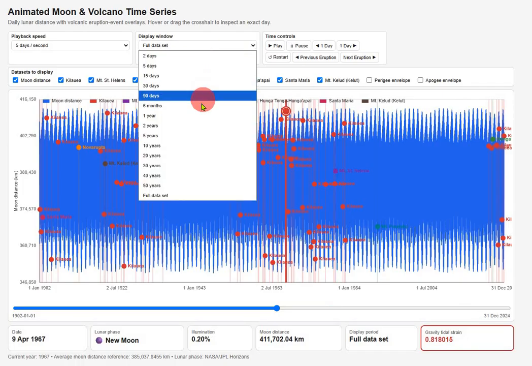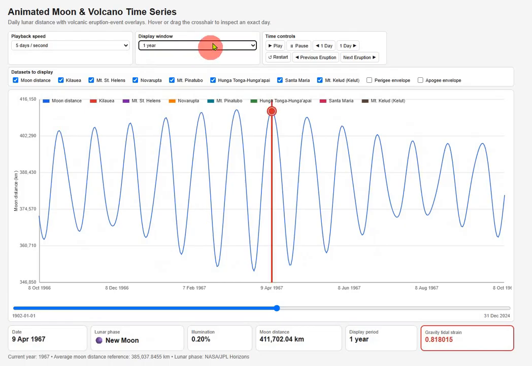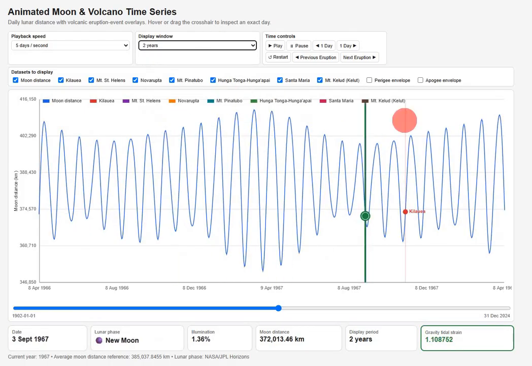And so I don't really know what that means, because I think there's no way to predict anything.